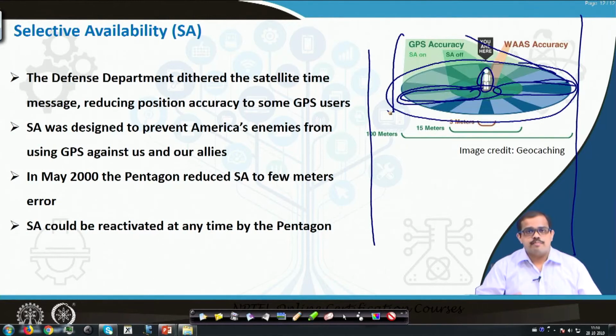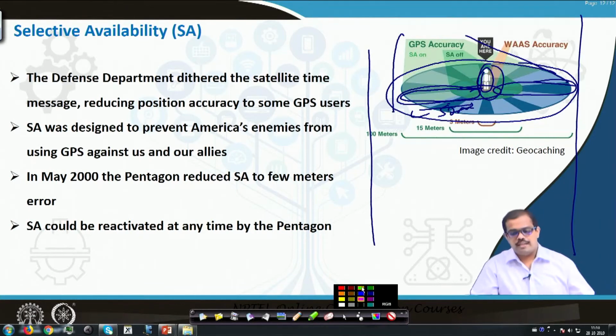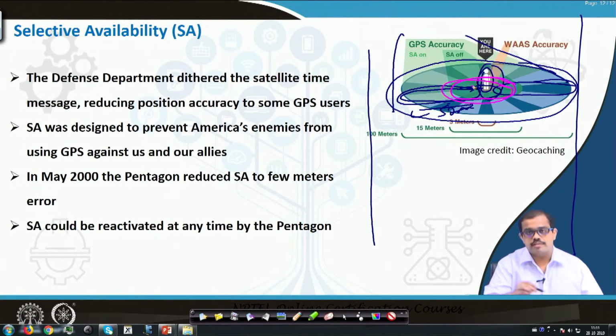So you are located somewhere there, which means it is about 50 to 100 meters away from the point where you actually are. But let us say that your selective availability is off, so it gives you a location which is as close as 5 to 10 meters. So this is where you may be located.